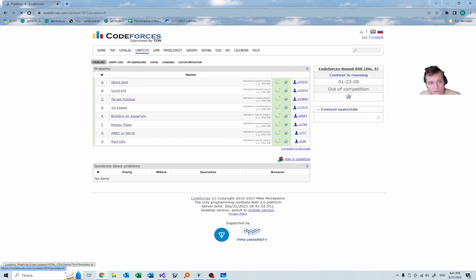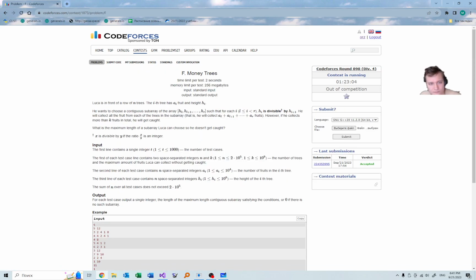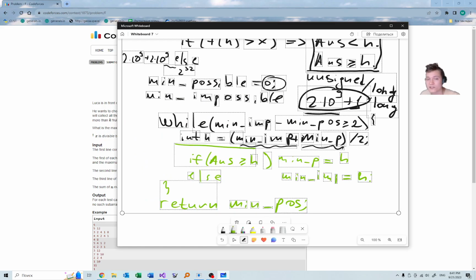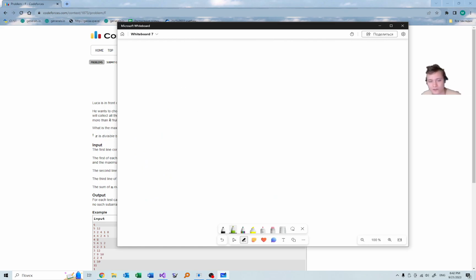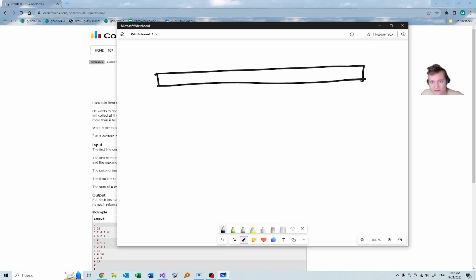Problem F, money trees. This is a two pointers problem. So you have an array h and another array a.